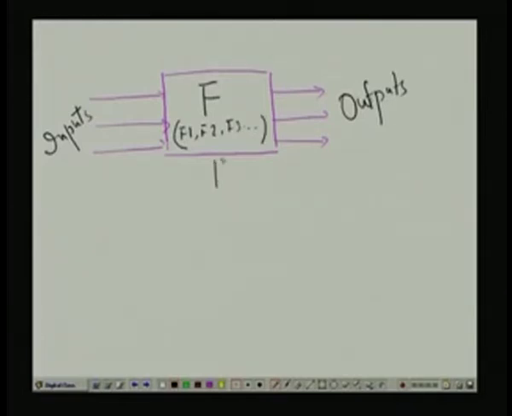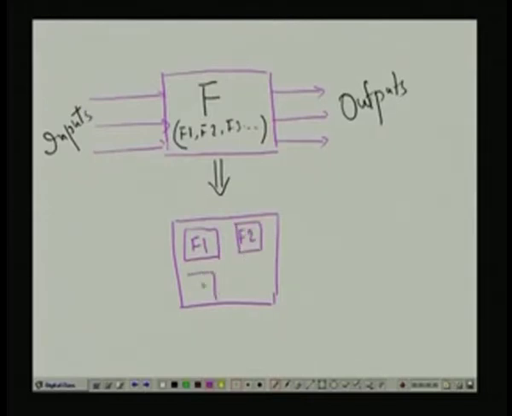Now, what we can do, that as if these we can identify as separate blocks, but the primary inputs or the inputs are same.